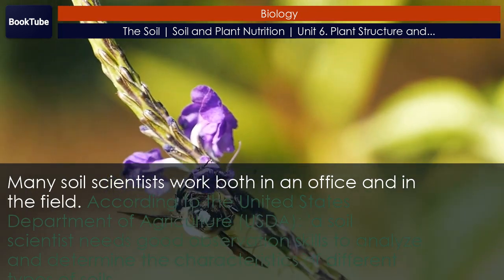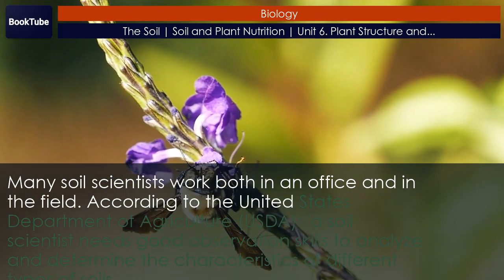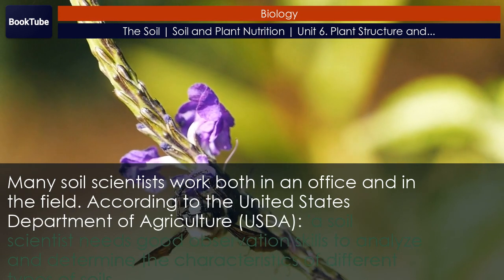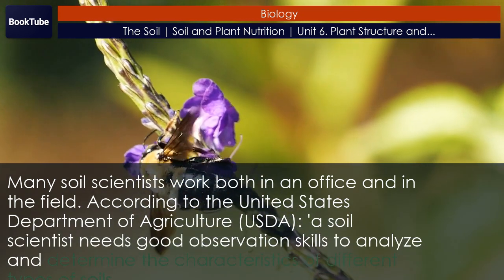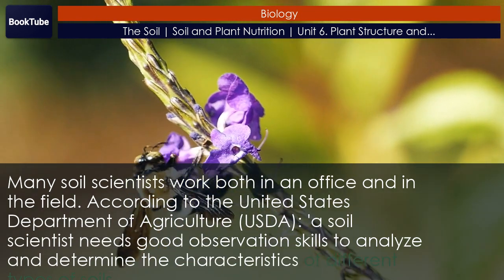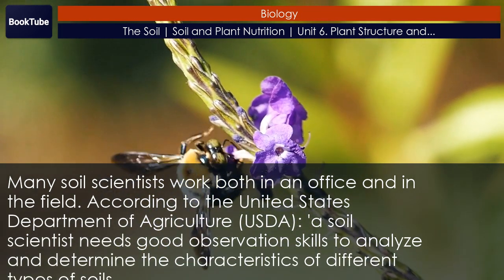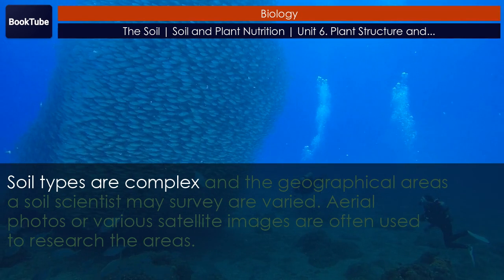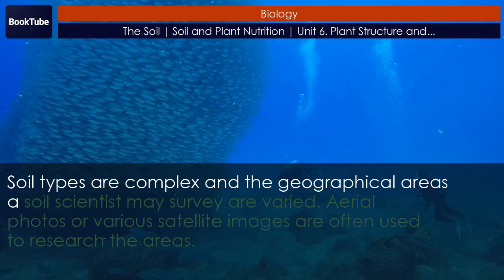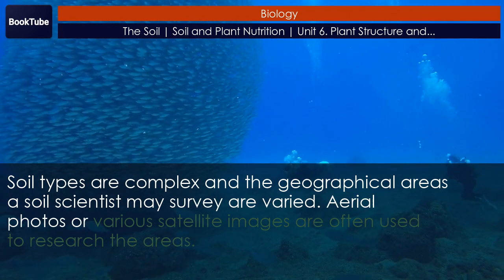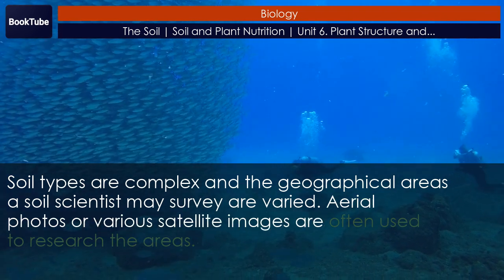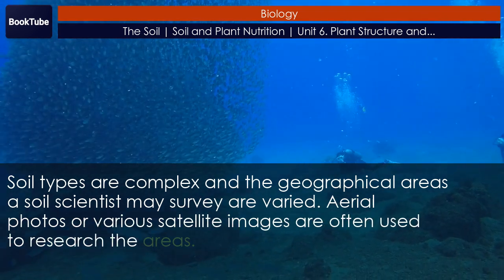According to the United States Department of Agriculture, USDA, a soil scientist needs good observation skills to analyze and determine the characteristics of different types of soils. Soil types are complex and the geographical areas a soil scientist may survey are varied. Aerial photos or various satellite images are often used to research the areas.